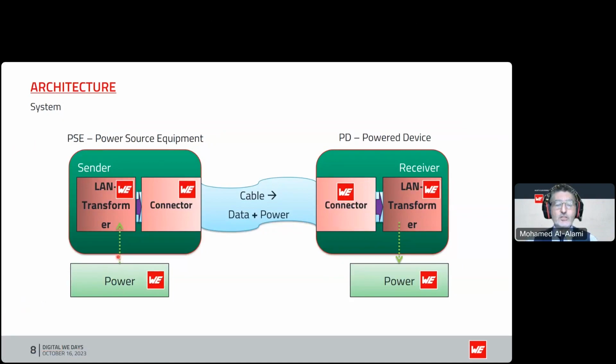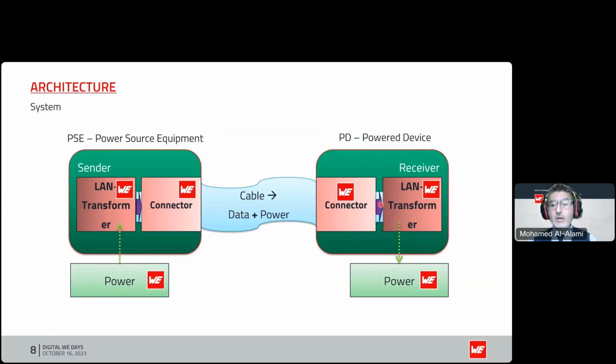Power is generated, and then it is introduced into the isolation transformer, which is taking the data in from the power sourcing equipment, and this is where the power gets mixed in, sent through an RJ45 connector over a Cat5/6 cable, and this is where the power is delivered to the power device.